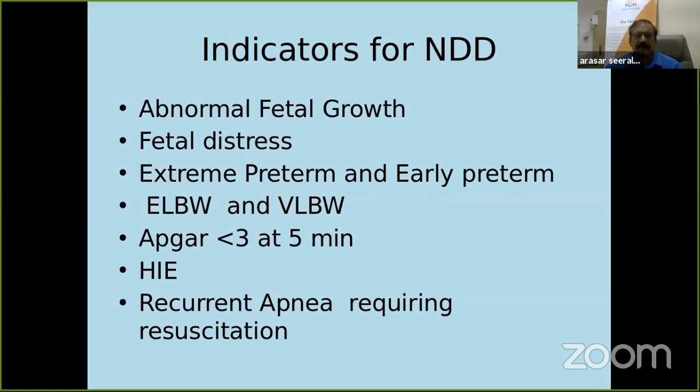Now, there are certain indicators that give clues as to which of these babies may probably need surveillance and are vulnerable for developmental delays.